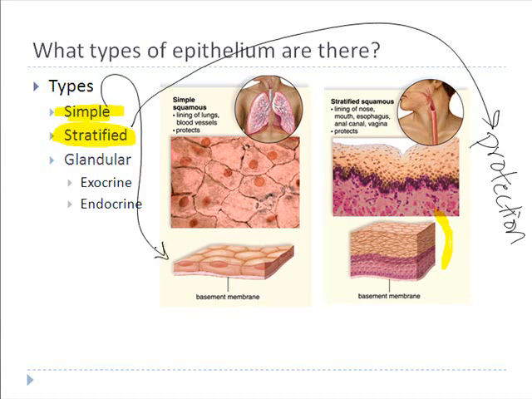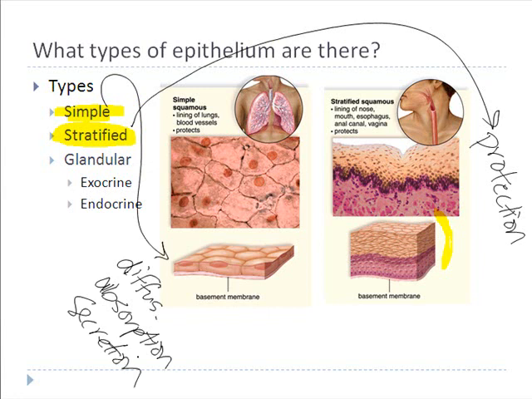On the other hand, simple epithelium is much better at things like diffusion, the movement of things across a plasma membrane. They're also good at absorption and secretion. So stratified, you're good at protection because you're really thick. Simple, you're good at things like diffusion, absorption, and secretion if you're really thin.